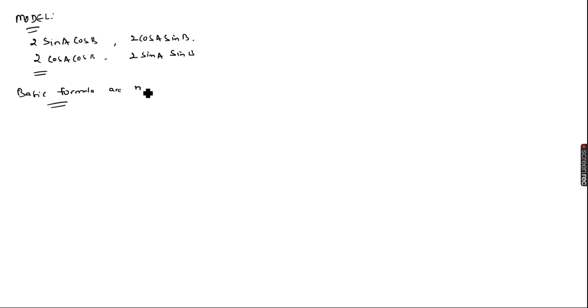Here the model is 2 sin A cos B, 2 cos A sin B, 2 cos A cos B, and 2 sin A sin B. So what is the basic formula?